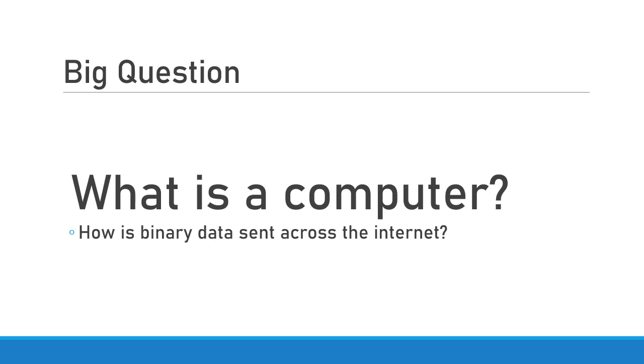Today, we're going to learn about Ethernet cables, fiber optic cables, and wireless transmission too. We need to learn this because understanding how binary data is transmitted helps us to see how all the different parts of the internet work together, allowing us to communicate, share, and access information from anywhere in the world.